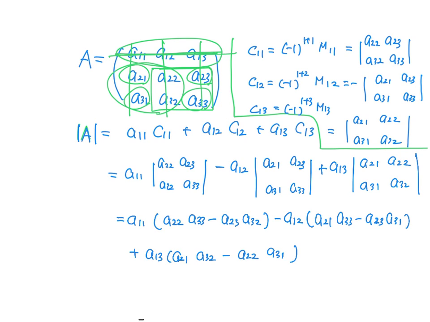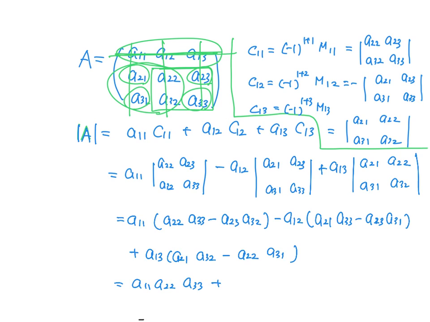So let's just rearrange plus and minus terms. A11, A22, A33. And here, in the second term, this contributes to the positives.